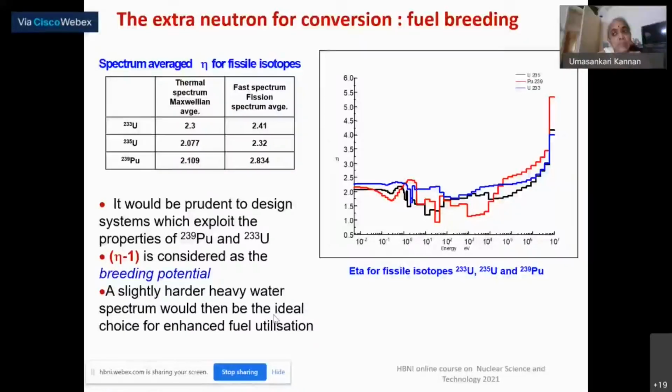In PHWRs, we have an average energy, as I had already mentioned, of the order of 0.09 electron volts. But if you go to about, let's say, 1.5 eV or 2 eV, you get better, enhanced fuel utilization. So those things would be decided by the reactor design. That will be decided by your pitch or your enrichment and so many such factors.